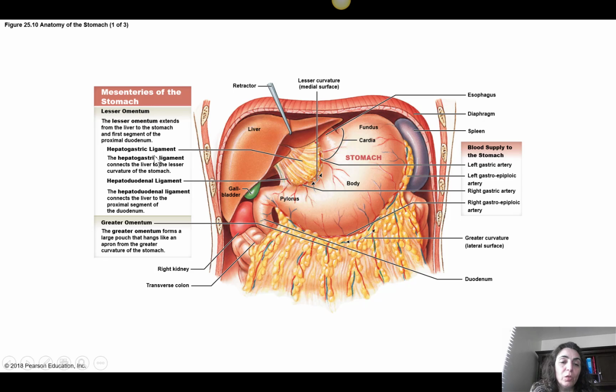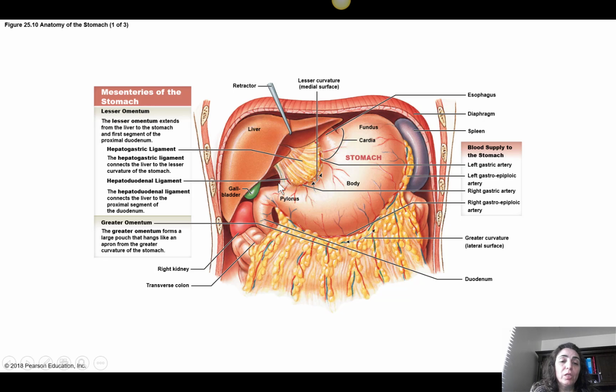So the first part, between the liver, that we call hepato or hepatic, anything that is related to the liver is called hepato or hepatic, and the other end is the stomach, is called hepatogastric ligament, this first part, right? The second part is called hepatoduodenal ligament.